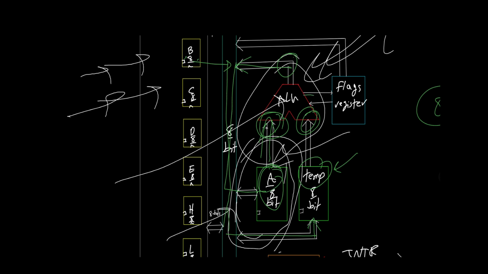And the carry bit here, if it is set, would be written in another 8-bit register called the flags register. This would be one of the 8 bits of the flag register. We would talk about other bits in the flag register as well.